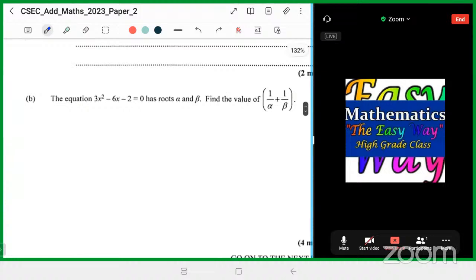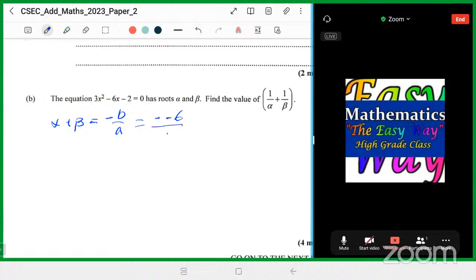All right, multiple ways to do this. Firstly, I can say that the sum of the roots, which is alpha plus beta, is minus b over a. The b is this negative 6, so it becomes minus negative 6 over the a. The a is 3.